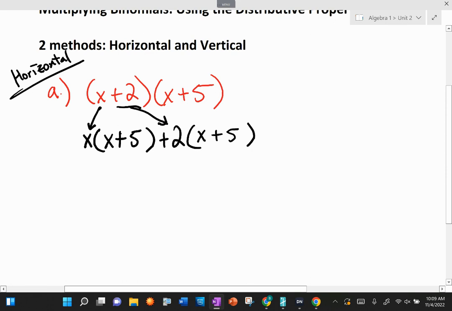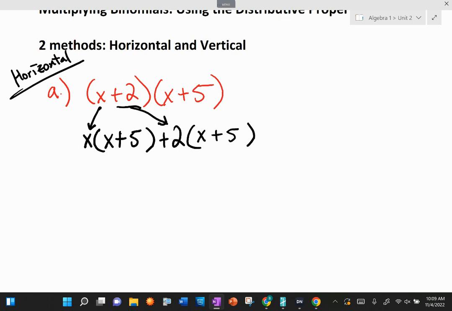Okay, so this is the horizontal method. So what you have here is us splitting the first one, and now we're just distributing each individual term to the second polynomial.